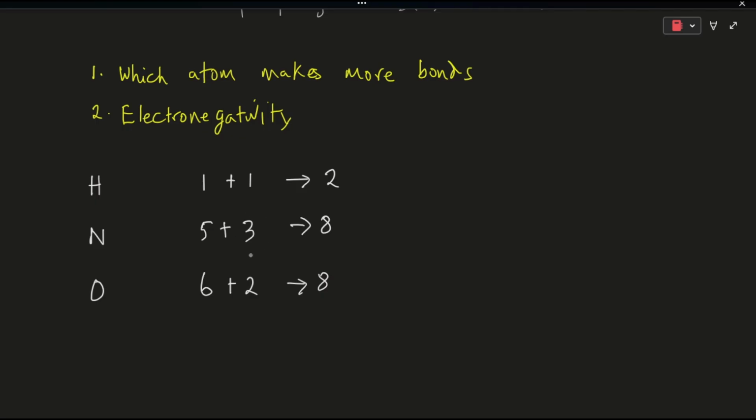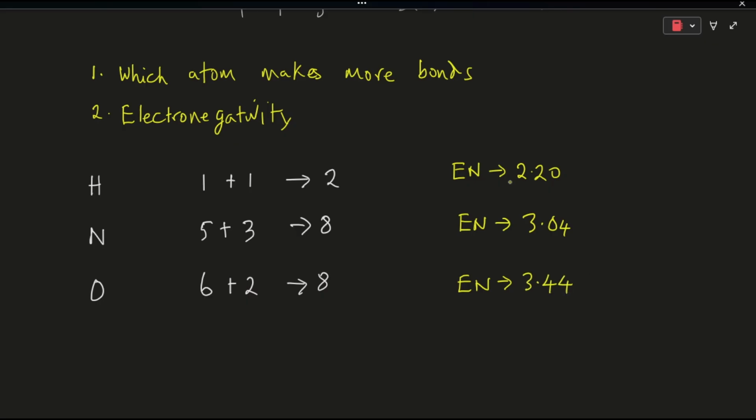And the more bonds that it makes, the more suitable it is to be considered as the central atom in drawing our Lewis structure. Now, if we consider the second point, which is the electronegativity values, hydrogen has an EN value of about 2.20, nitrogen about 3.04, and oxygen about 3.44.